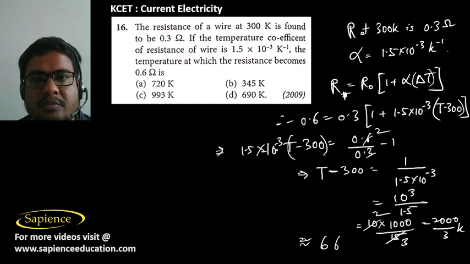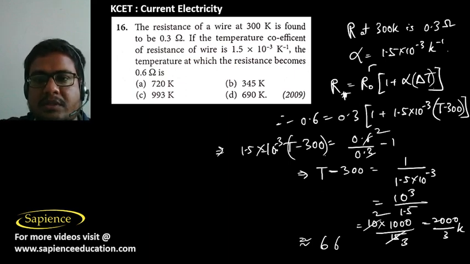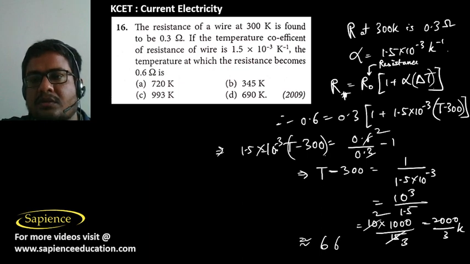So actually R naught is the resistance at 273 Kelvin, so this one we cannot use.